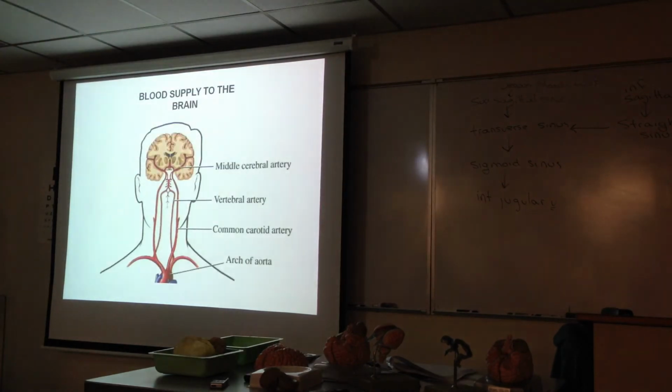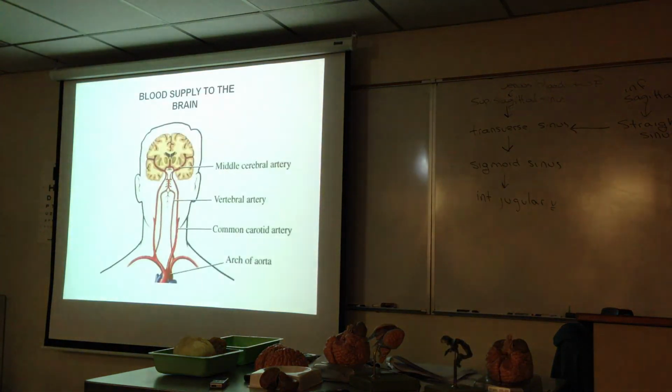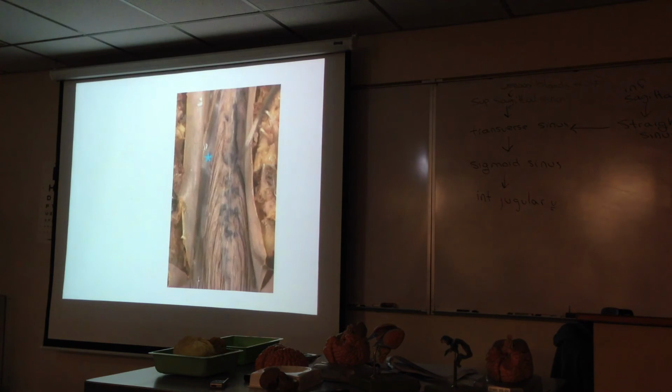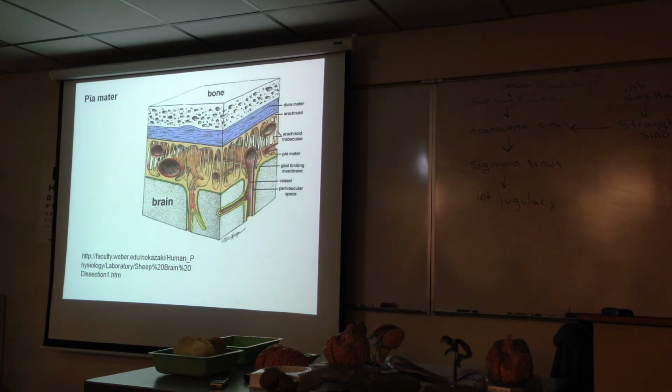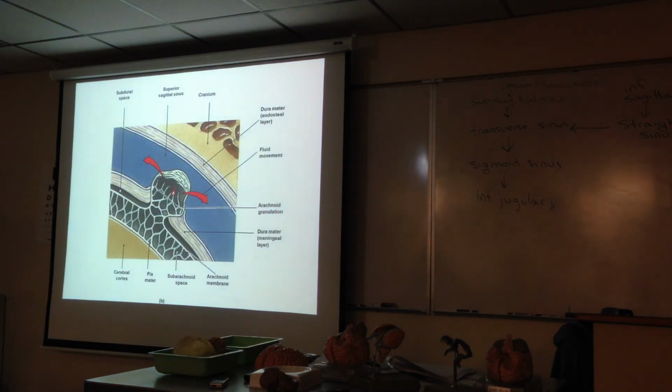So its mechanism for getting into the superior sagittal sinus is through these arachnoid villi, and then actually this one right here. So this is the subarachnoid space, and cerebrospinal fluid enters into the sinus and crosses the arachnoid villus membrane and joins with the venous blood of the veins.